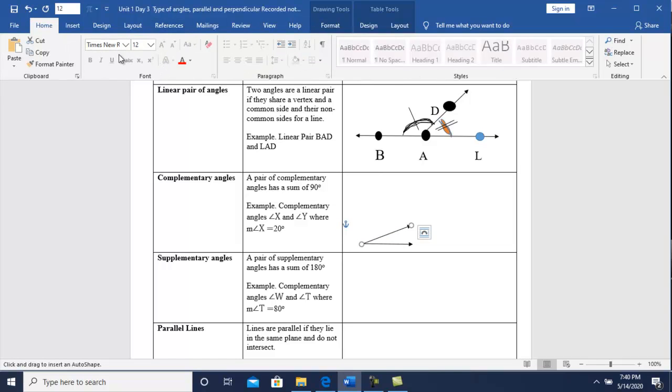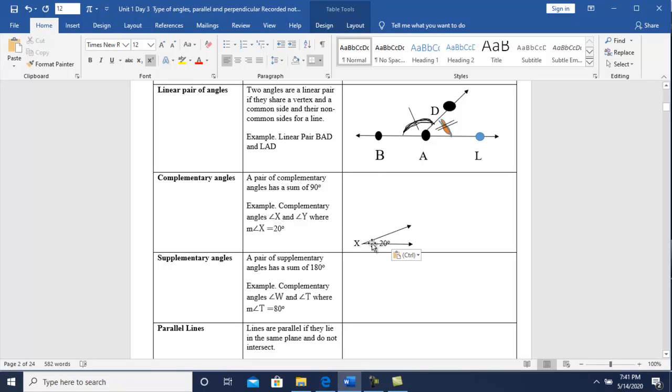So like for example here, let's say we're going to call this angle X. Okay, and then we would say that the angle measurement is 20 degrees. Let me move down just a smidge. So let's say there's my first angle.